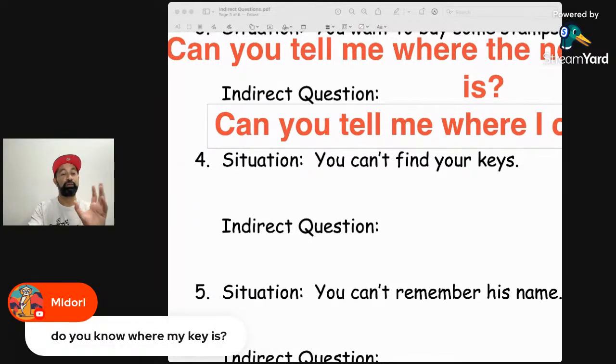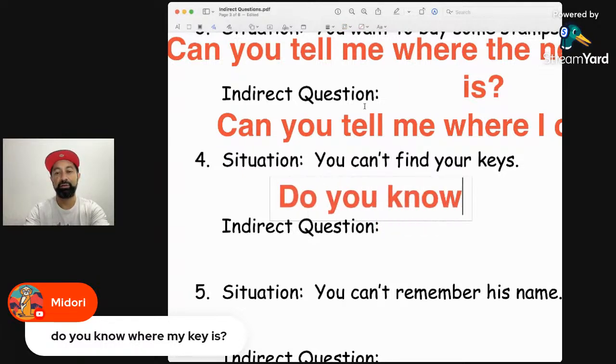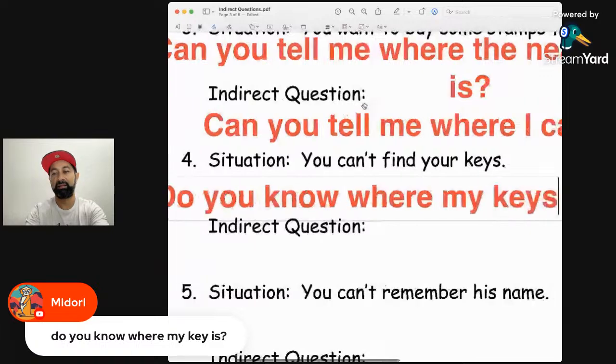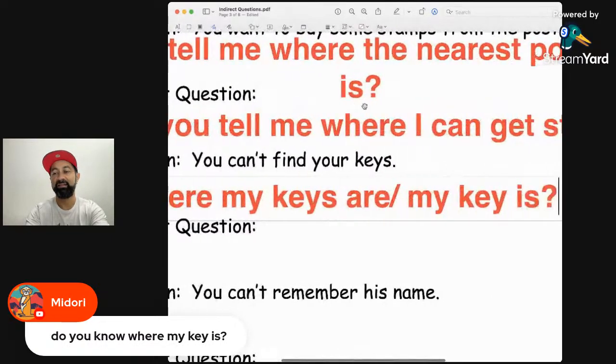Midori, your subject was key, singular, so you use is. Perfect. Both of you had perfect answers. So if I put it onto the screen here, do you know where my keys are or my key is?